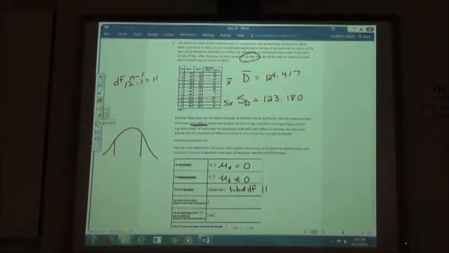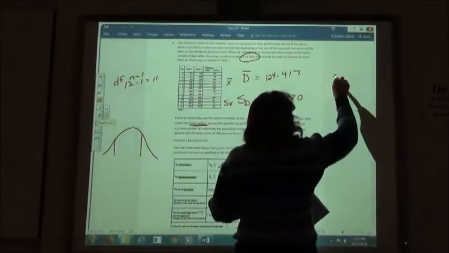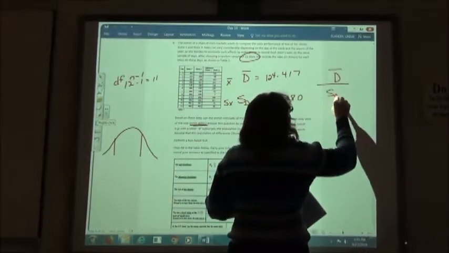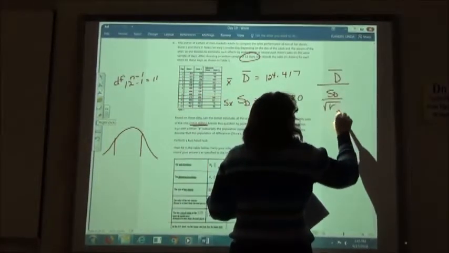All right, we now can throw those into the formula. So in the formula, we have d bar on the top over s sub d divided by the square root of n.